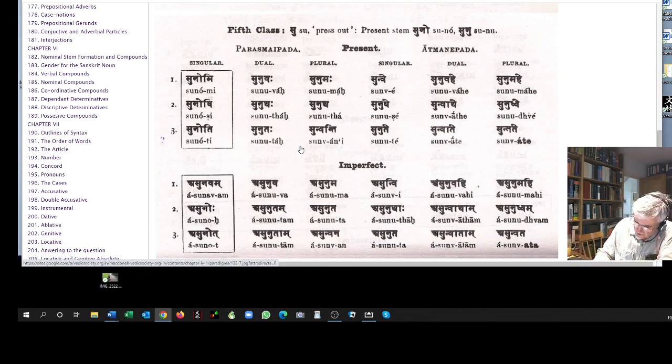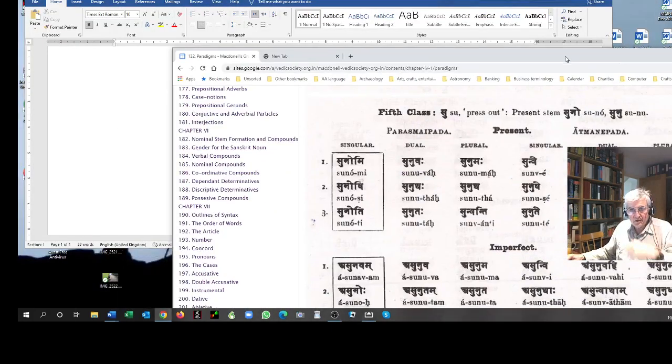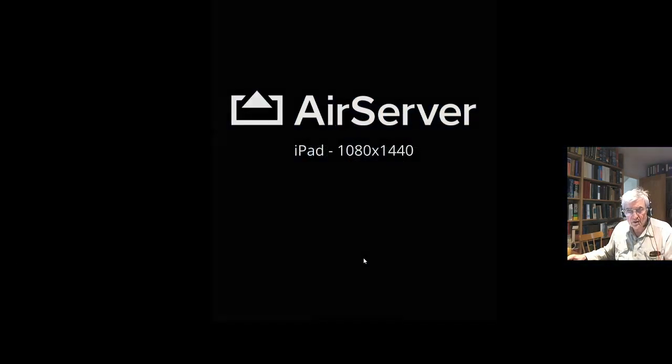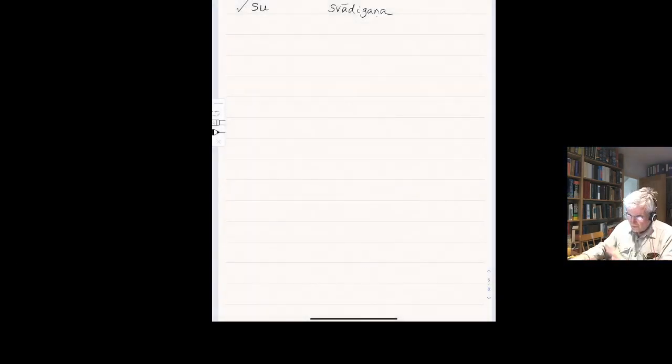And that, of course, is called the su adi gana, which becomes the svadi gana. Sorry, I should have been showing you my iPad screen there, which as usual has done a disappearing act on me again. Here we are. Svadi gana, sorry.